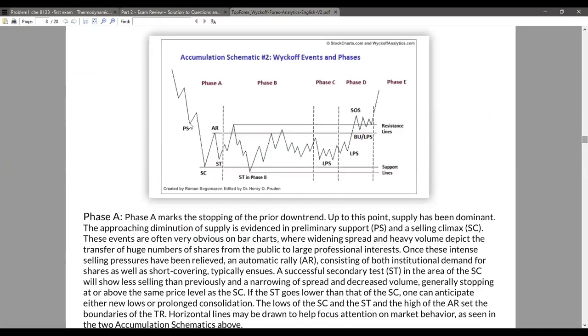This phase is a preliminary supply where people did supply, and then this is our selling climax. So this phase is marking the end of what? Of supply zones, of selling pressure, of the downward trend. Phase B is a form of accumulation where price just ranges and accumulates.